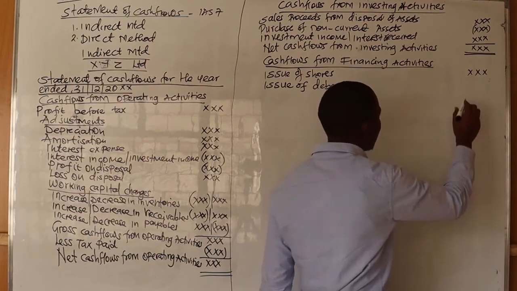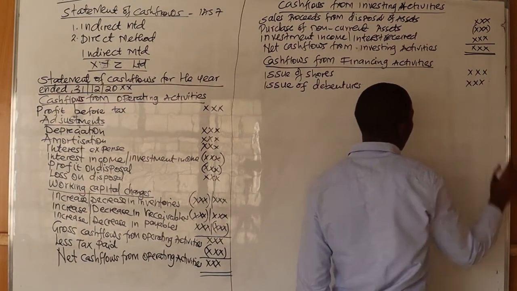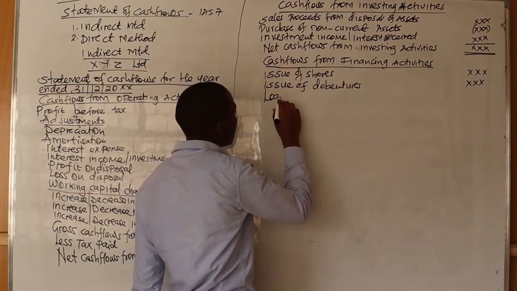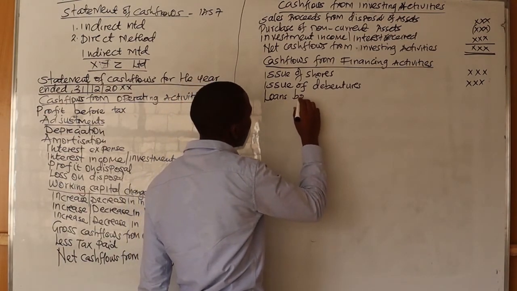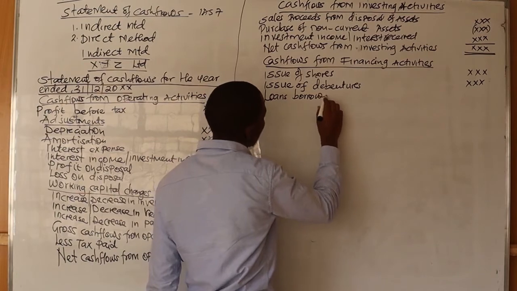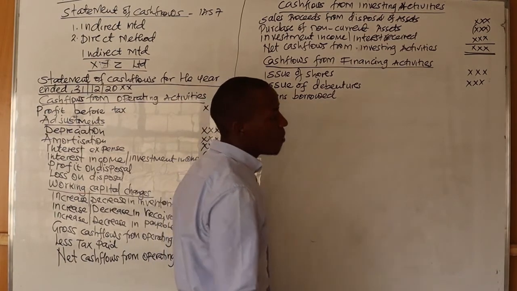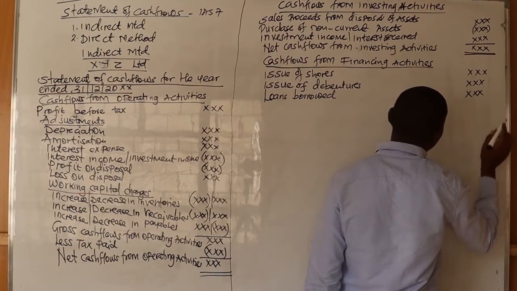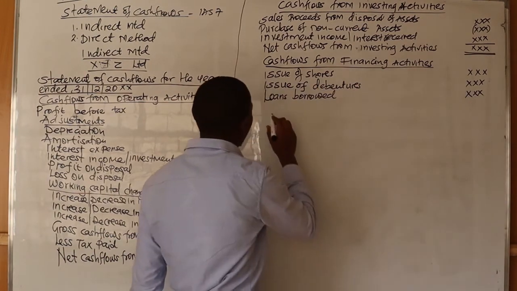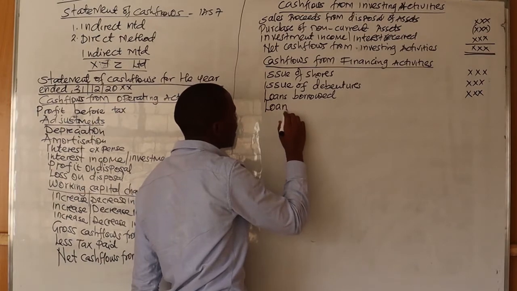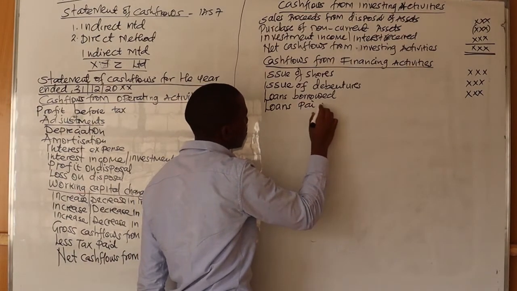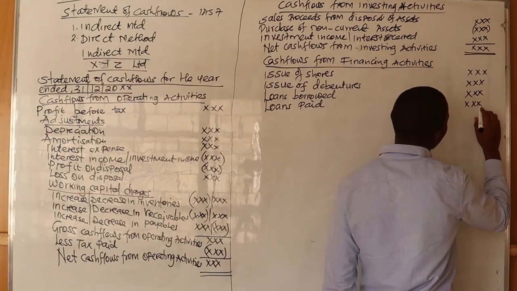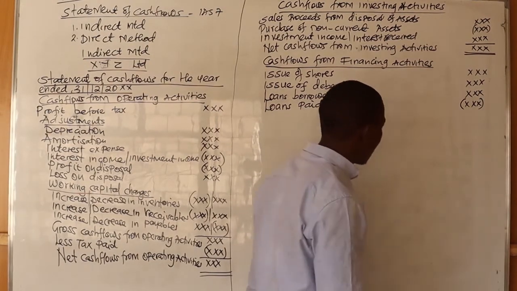So if you issue debentures, you also add the same. Now, there is also loans borrowed. Remember, you borrow a loan, you are increasing the cash, and therefore you will add them. Then if there are loans that are paid, remember, you are paying out, so you less the loans paid.